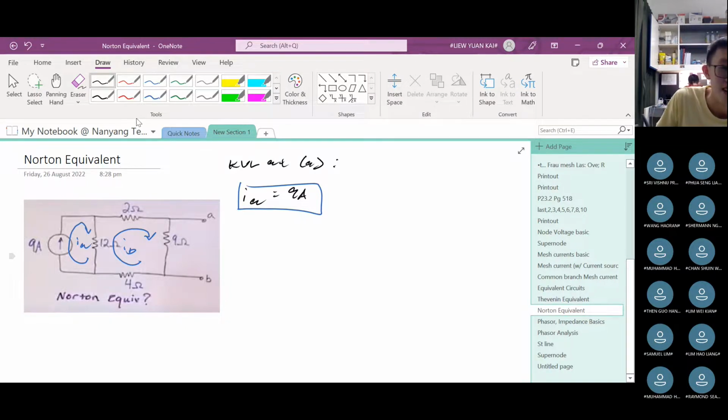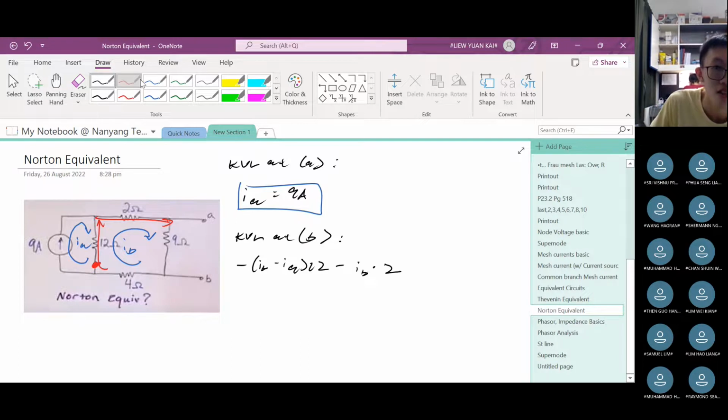Now let's do KVL at B. So we start from here. This is negative IB minus IA times 12. Then we go like this, minus IB times 2.